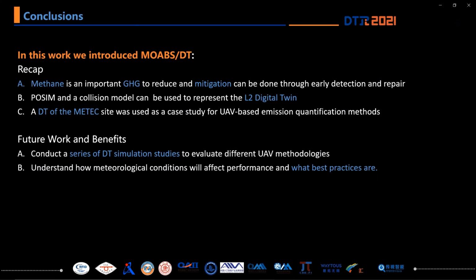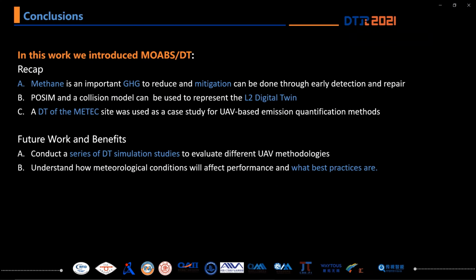So in this work, we introduce a MOABSDT. Just to recap, methane is an important greenhouse gas to reduce, and mitigation can be done through early detection and repair. POSIM and the collision model can be used to represent a level 2 digital twin. The digital twin of METEC can be used to study UAV-based emission quantification methods.